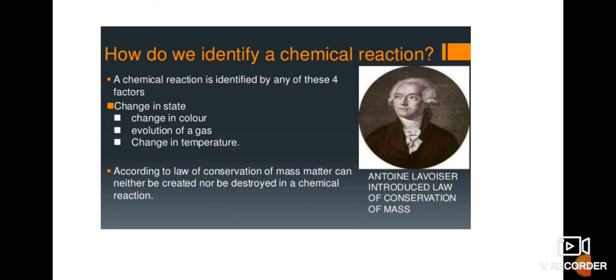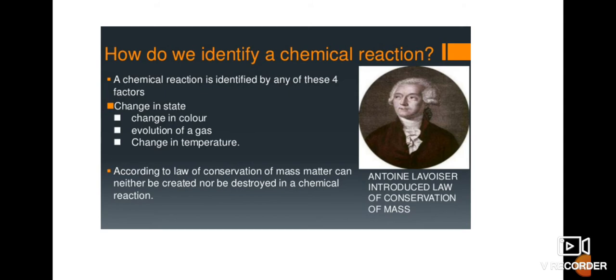Now, as and when we discuss a chemical reaction, how do we identify whether a chemical reaction has taken place or not? Now, normally a chemical reaction is identified by any of these four factors. Remember, the four factors we have already discussed in the class along with examples. I'm here just giving you the major points.